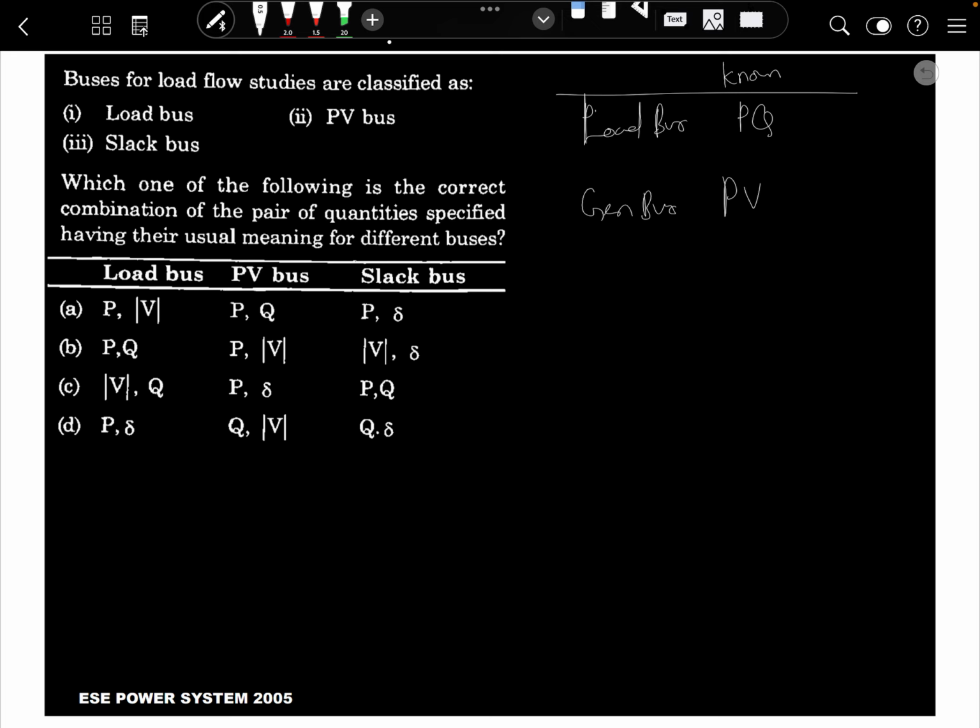Now check the option just for this. If I say load is PQ, so here it mentions load is PQ, PV is this, and slack is this, so option B is correct.